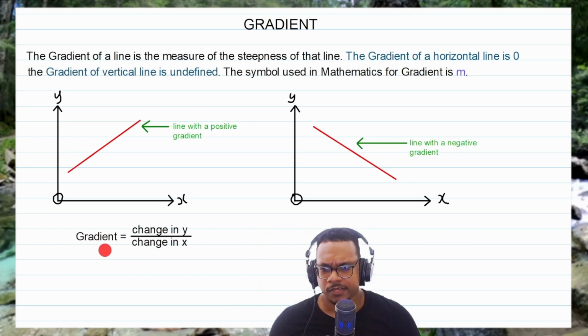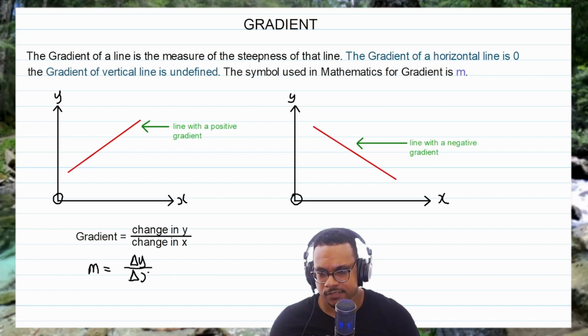Now the gradient can be defined as the change in the vertical distance divided by the change in the horizontal distance. So that will be the change in the distance on the y-axis, which is vertical, divided by the change in the distance on the x-axis, which is horizontal. Now we can write m for gradient is equal to the change in y divided by the change in x.